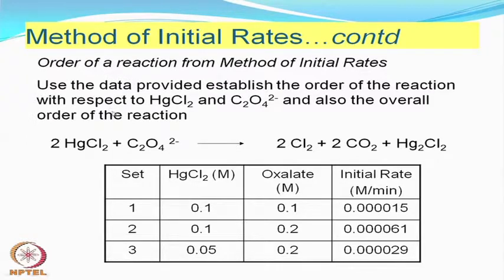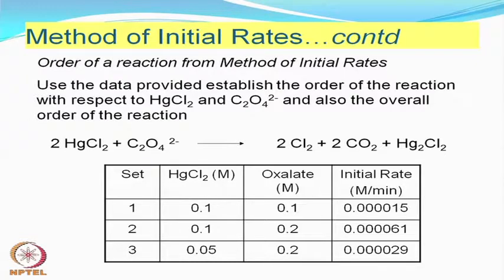So, we are using this reaction, mercuric chloride and oxalate producing chlorine gas, carbon dioxide and mercurous chloride. We are using 3 sets for this example. In set 1 mercuric chloride is 0.1 molar and oxalate is 0.1 molar.